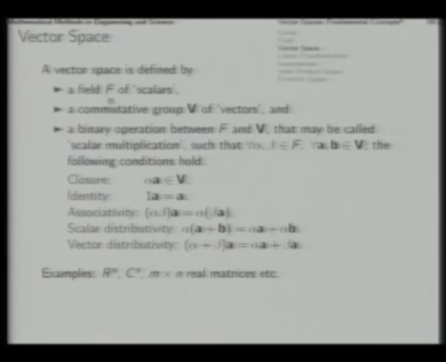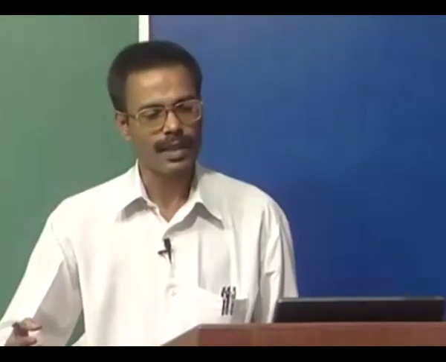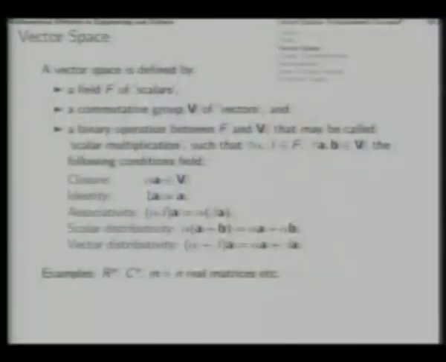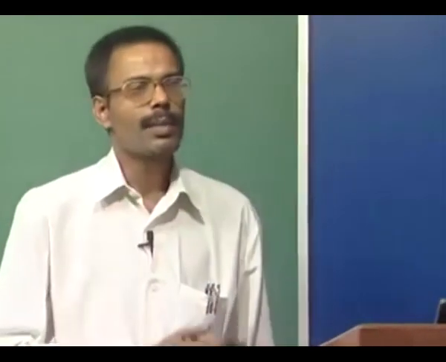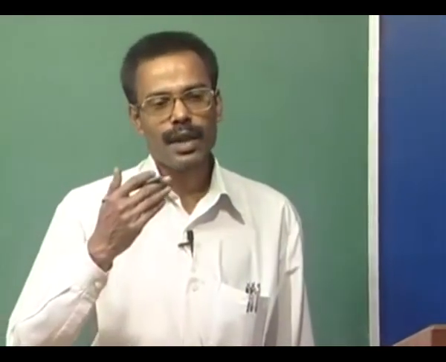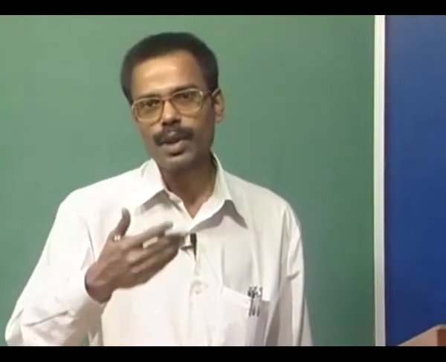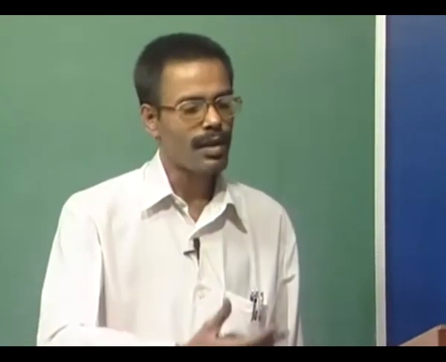Apart from these, we have got a binary operation between this field and this commutative group, that is, a binary operation between a scalar and a vector, and that binary operation we will call scalar multiplication, such that for alpha, beta scalars and a, b vectors, these relationships hold. The first requirement is that a scalar multiple of a vector is also a vector.